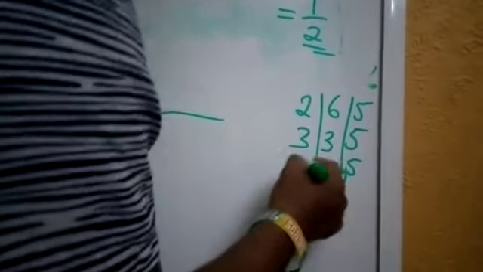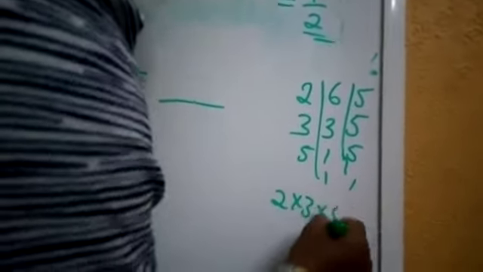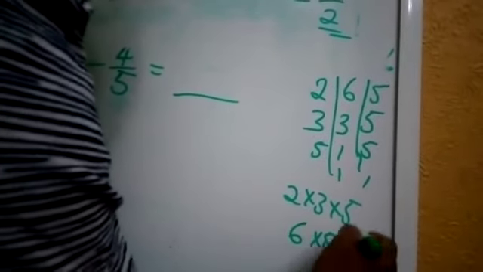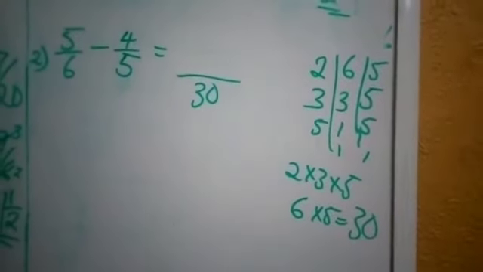We cannot. Take 5, 1, 1. So we have 2 times 3 times 5. 2 times 3 will give us 6 times 5, which will give us 30. All right, our 30 is our LCD.